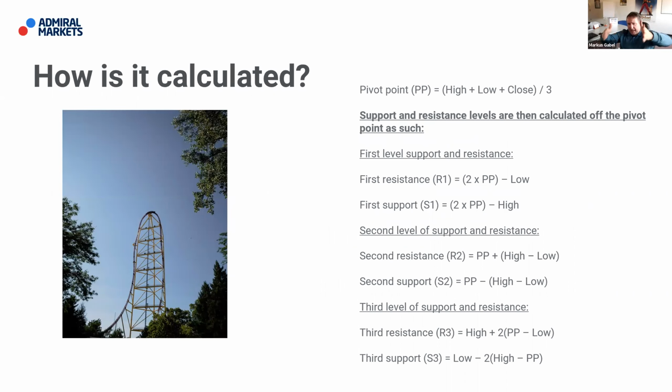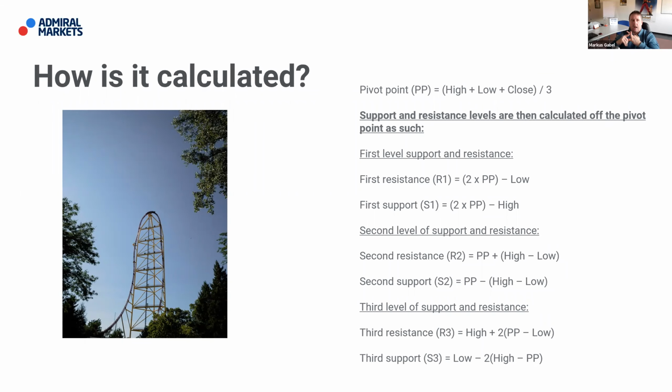I don't want to explain it exactly, you can see it, but it's not really important. You can see it with a wonderful indicator from Admiral Markets in MetaTrader 5, and I will show you, more importantly, how we can use them. Basically the pivot point is calculated by high plus low plus close divided by 3.